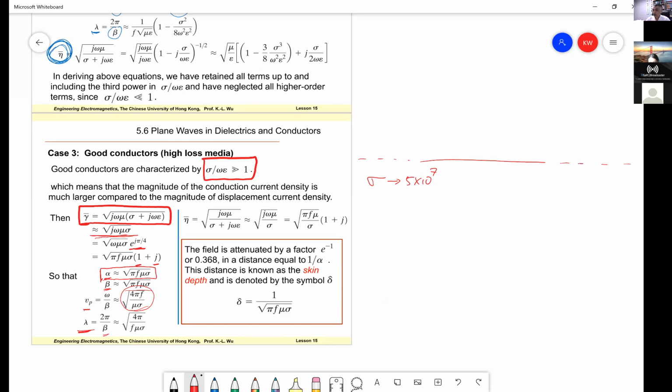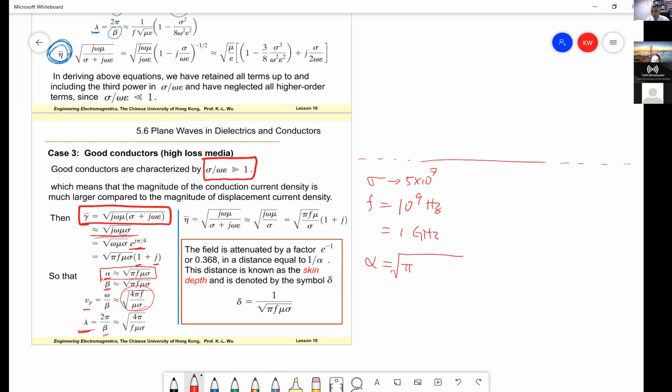If you have a frequency, let's say equal to 1 gigahertz, can you find what alpha is? Can anybody find alpha?